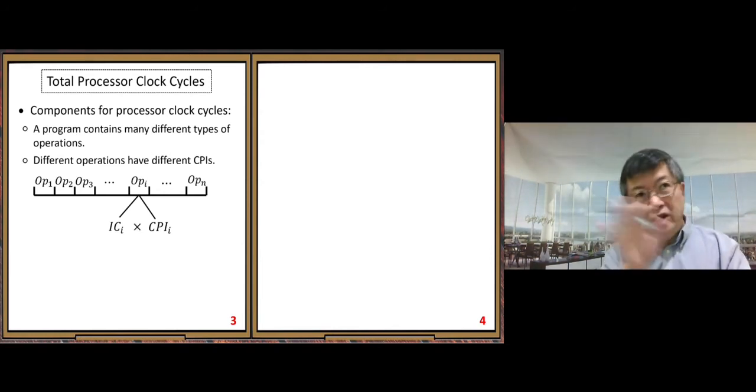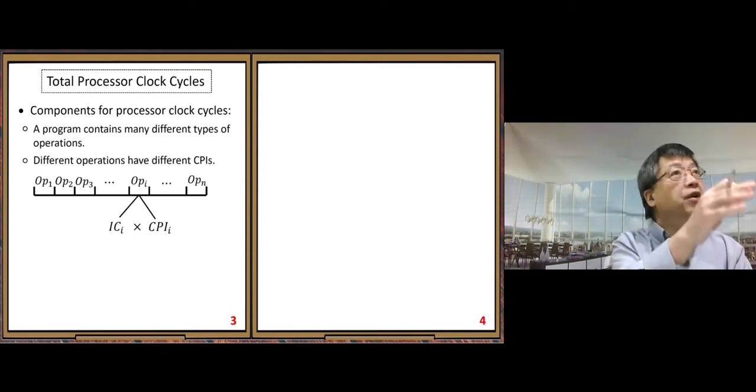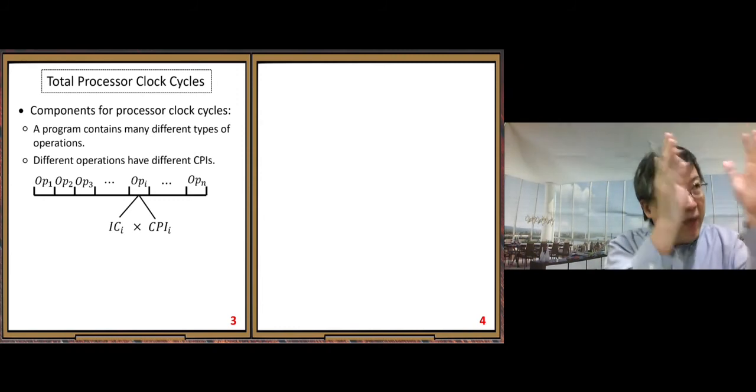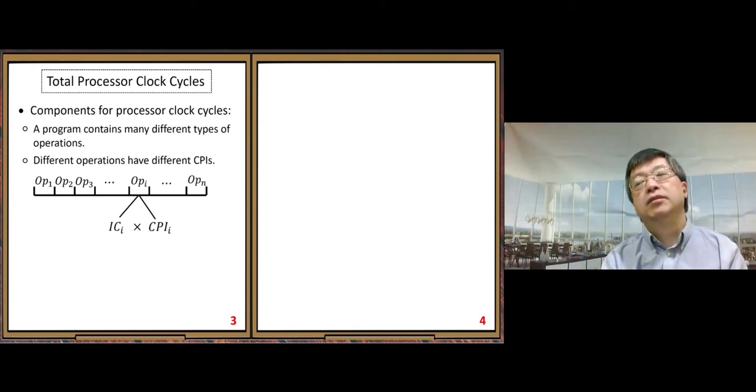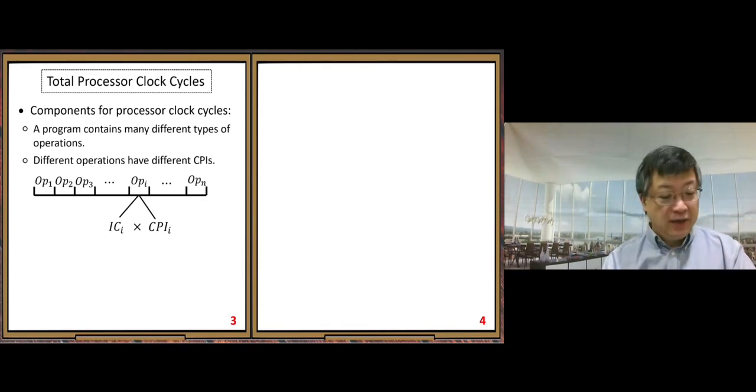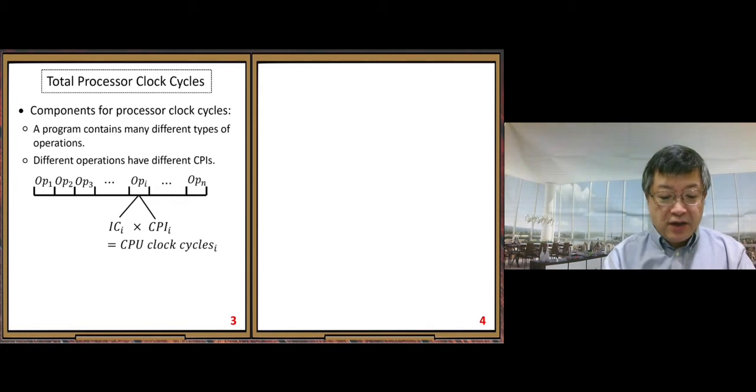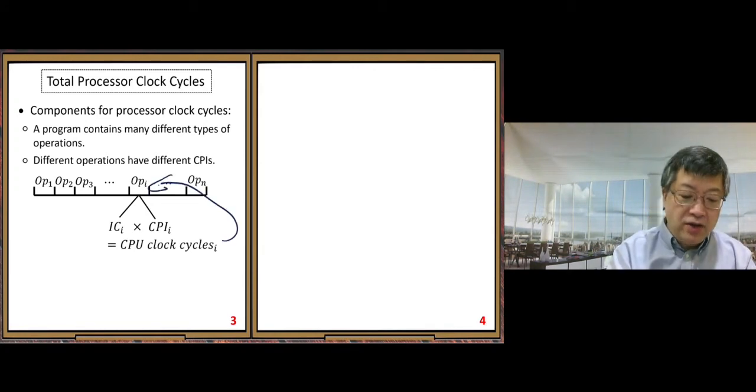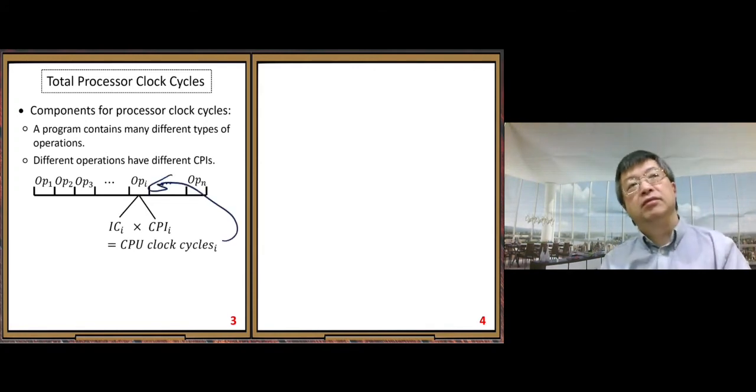If you multiply them together, so what's that? That's the total number of clock cycles for that particular operation, right? All right. So it equals the CPU clock cycles corresponding to that particular operation.